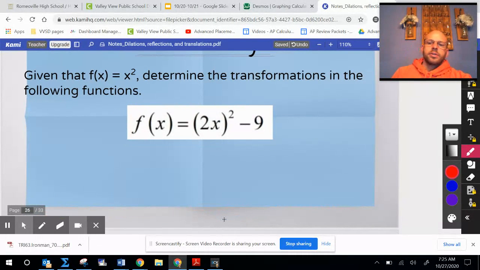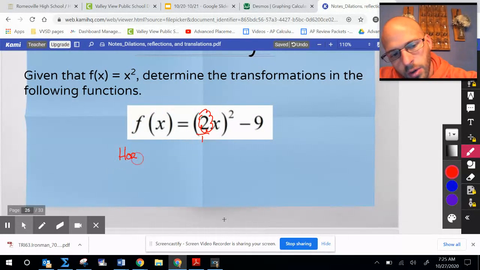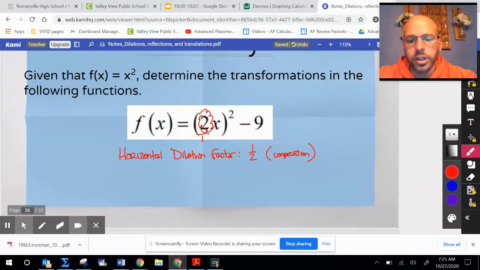All right. So feel free to pause, try to do this one on your own. Okay, I'm going to go through the answer. So if I have a 2 multiplier, now 2/1, right? We can flip it upside down. So I'm going to have a horizontal dilation factor of 1/2, which, because that's smaller than 1, is a compression.